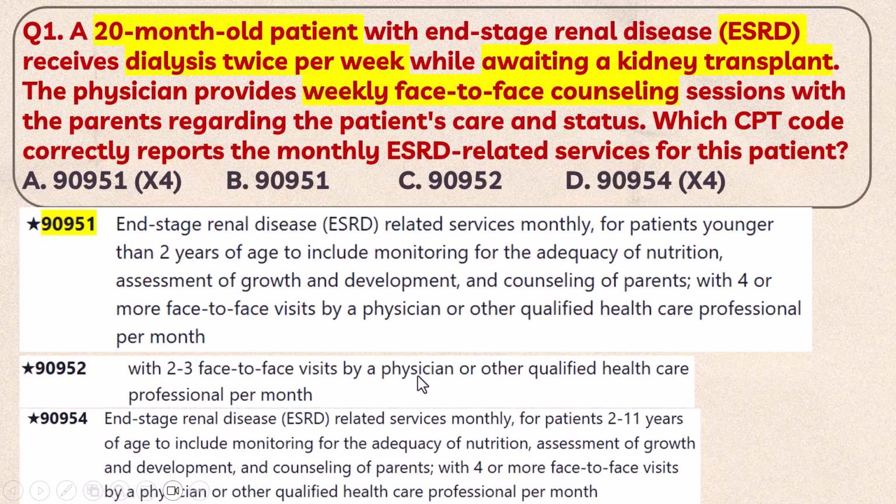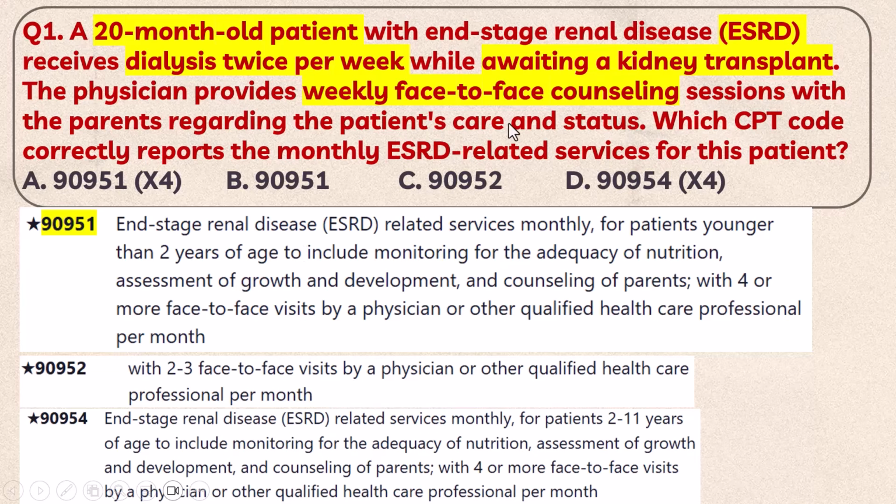So once you go to the code 90,951, end-stage renal disease related services monthly for patients younger than 2 years of age, to include monitoring for the adequacy of nutrition, assessment of growth and development, and counseling of parents with 4 or more face-to-face visits by the physician or other qualified healthcare professional per month.